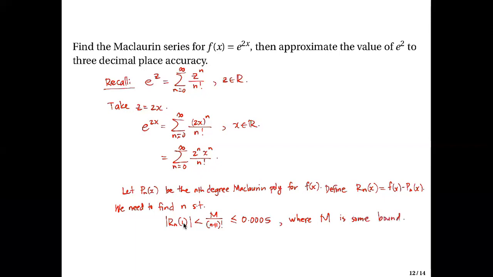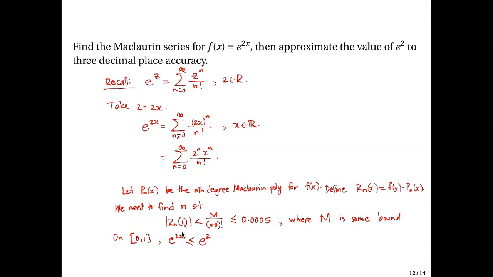To be more precise, on the interval 0, comma 1, your e to the 2x will be less than or equal to e squared, correct?